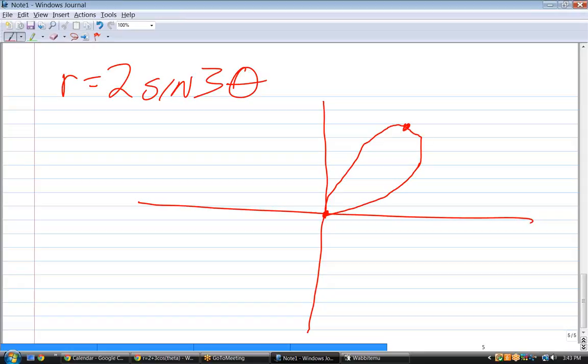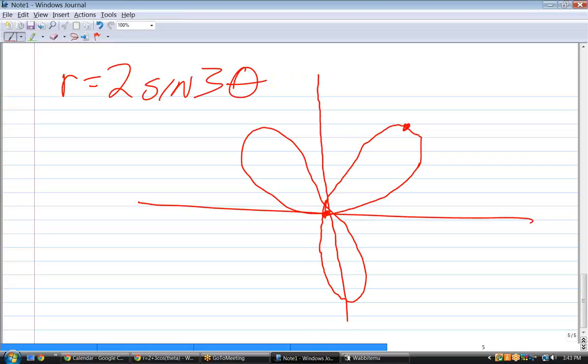I believe sine rose curves end up looking like this, do they not? Pretty sure that's the way it looks. I don't have the y-axis in the right place there. Where this is minus 2 right there.